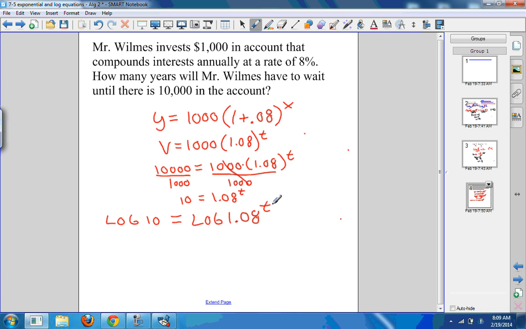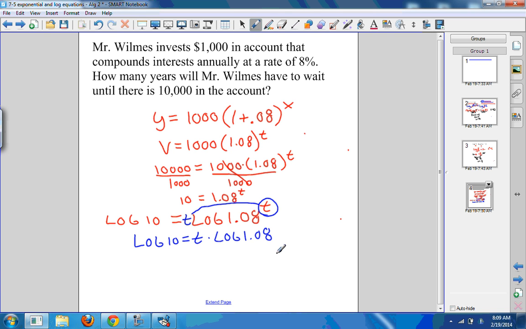Now we learned before, if we have the log of an exponent, we can move our exponent to the front here. So we get log 10 equals t times the log of 1.08.